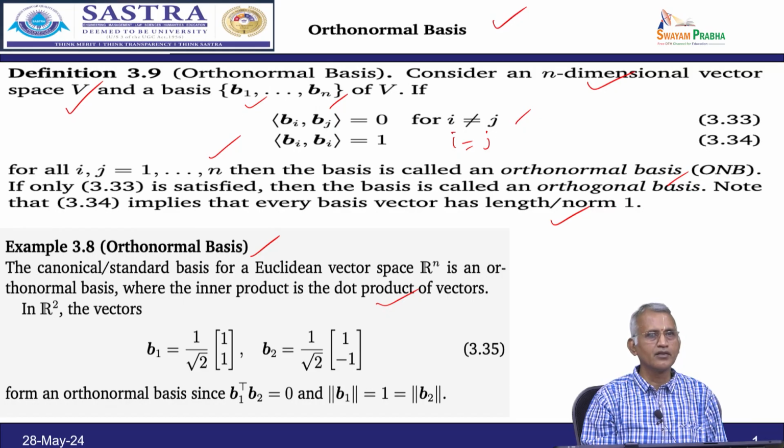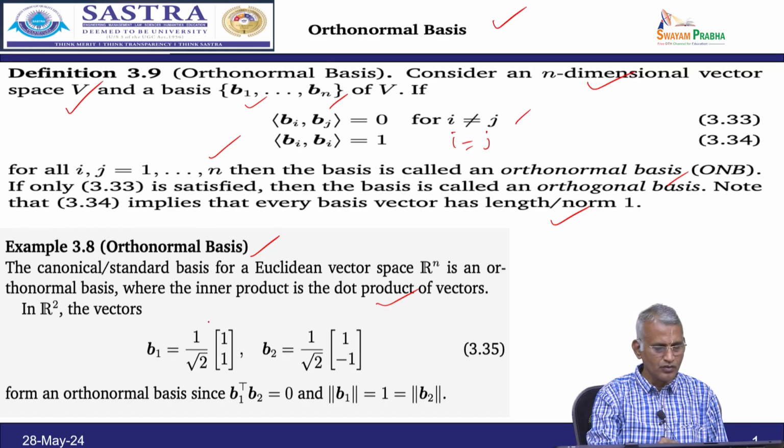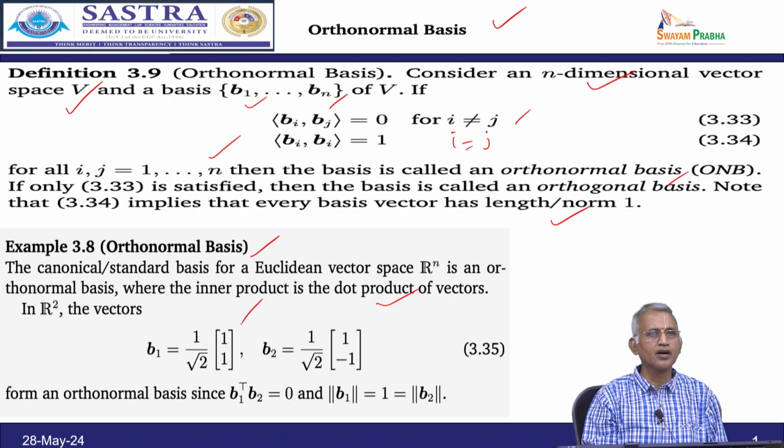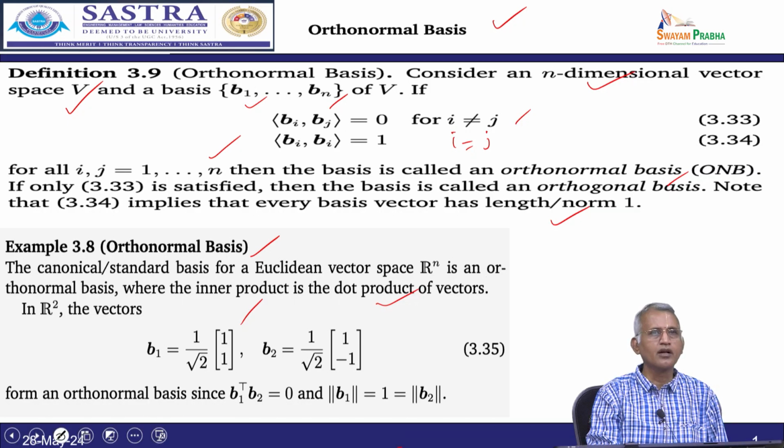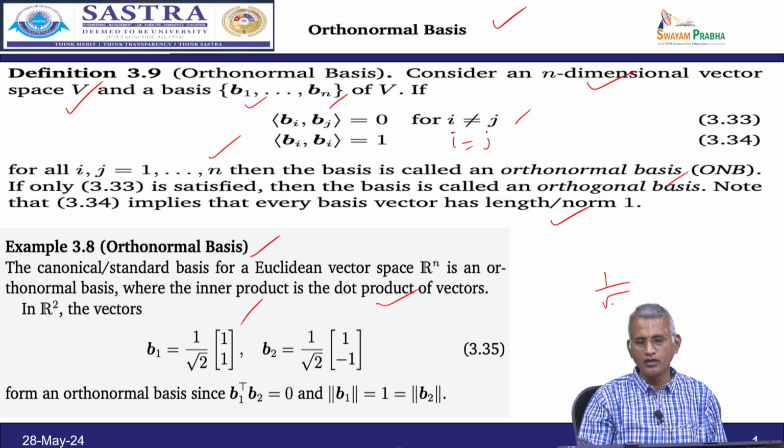For R square, B1 equals 1 by root 2 of (1, 1). If you have the eigenvalue and eigenvector of the given matrix, then the eigenvector is (1, 1), and you divide by root of 1 square plus 1 square.